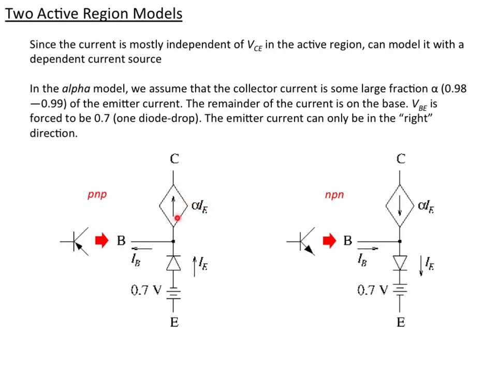But most of it, alpha, flows through, and in the NPN case, we have a current flowing from the collector to the emitter. The second thing is that there is basically a diode drop between the emitter and the base, and we draw that diode on the emitter because we want the current. We're worried about this current mostly, so we draw everything on the emitter.